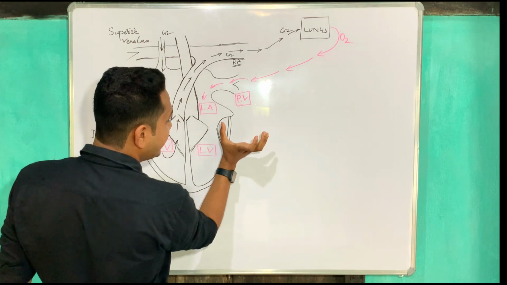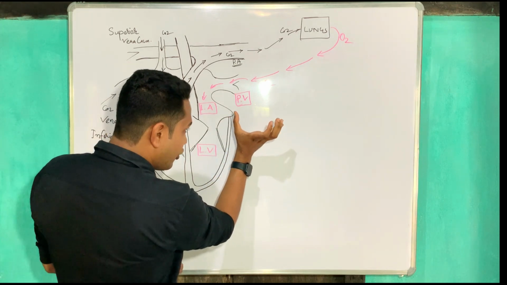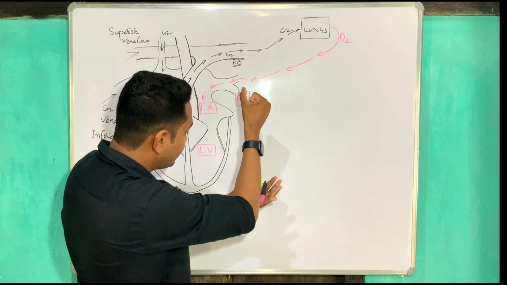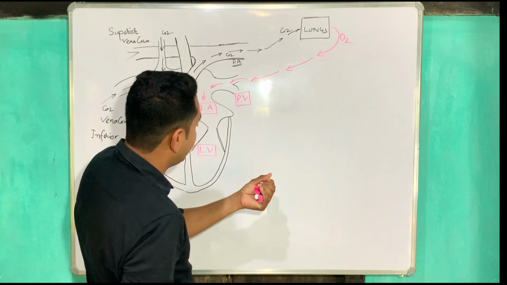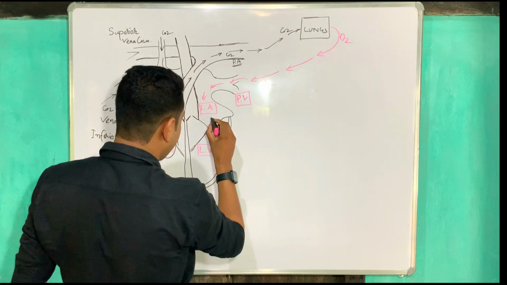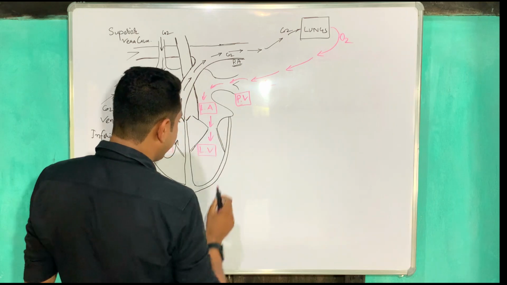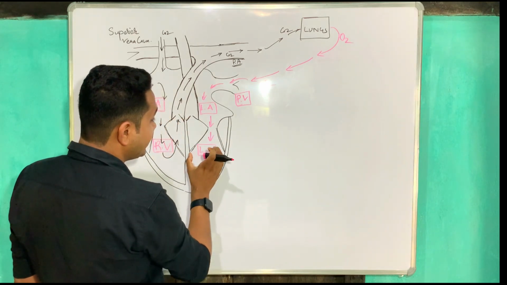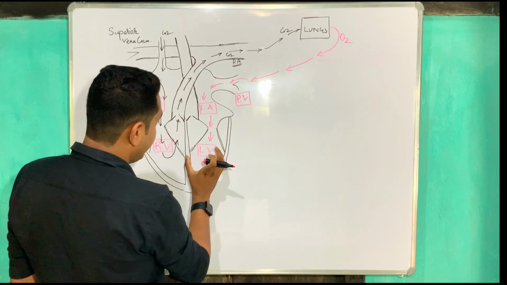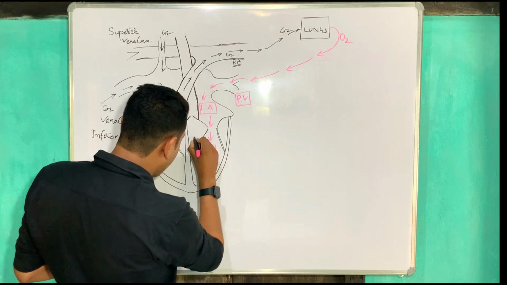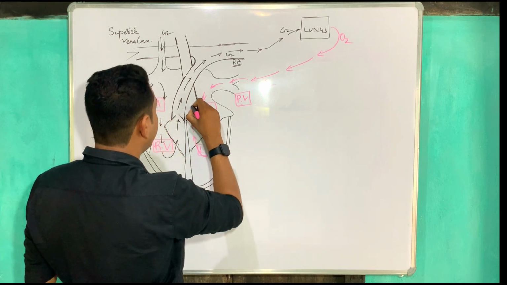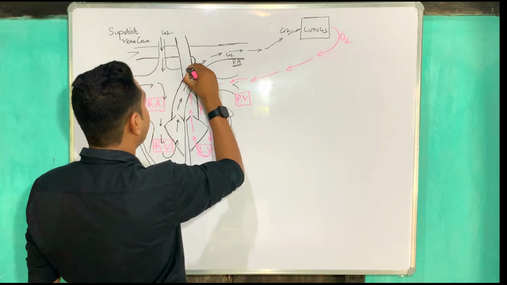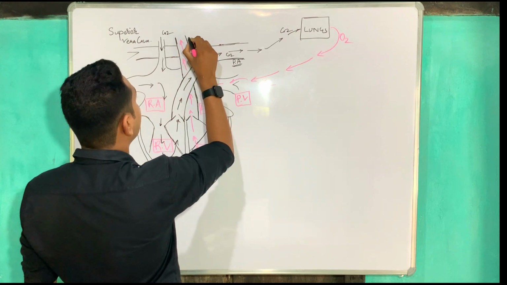After filling the blood in the left auricle, it will contract, and then that blood will come to the left ventricle. After coming to the left ventricle, this is the largest chamber of the heart, where it pumps, and after that the blood will start moving through this particular vessel. And this vessel is known as the aorta.